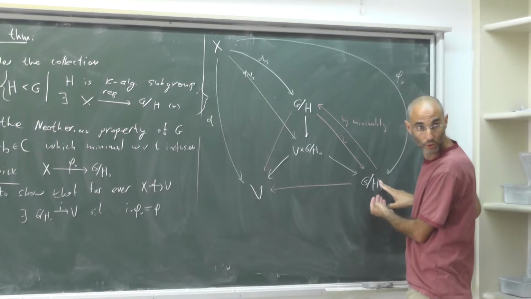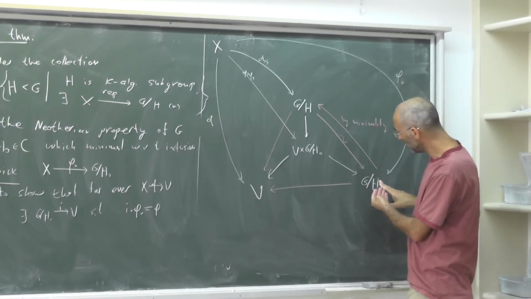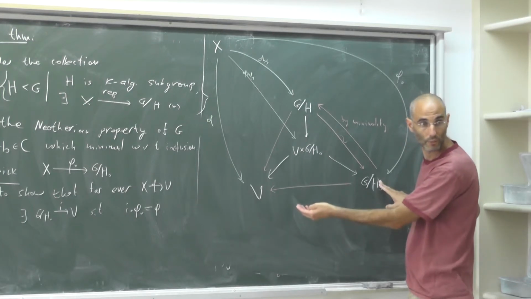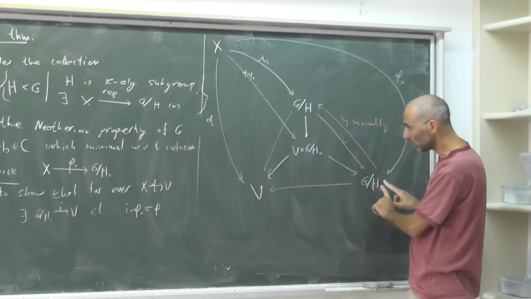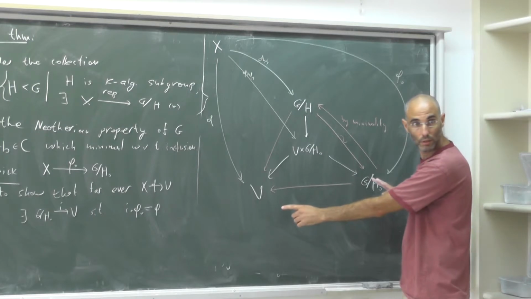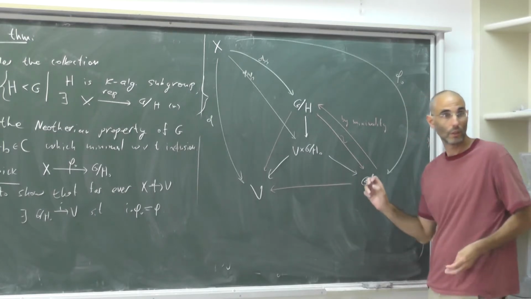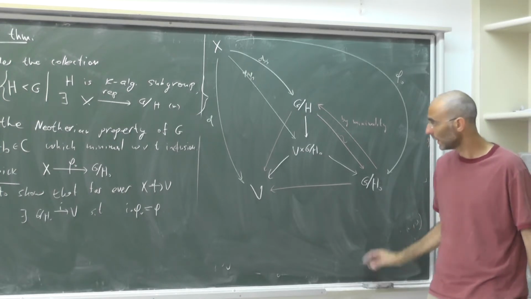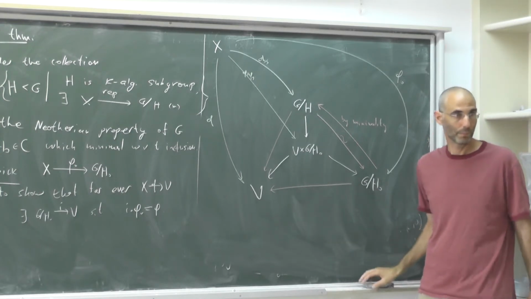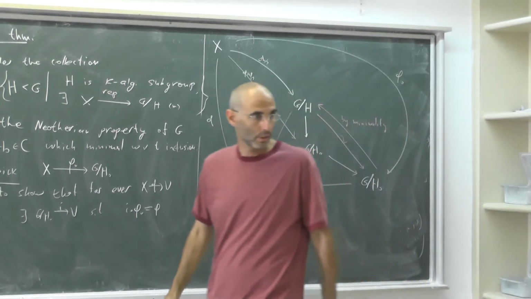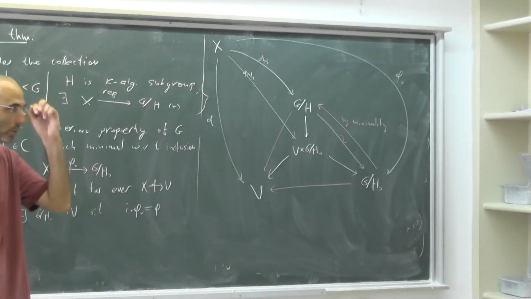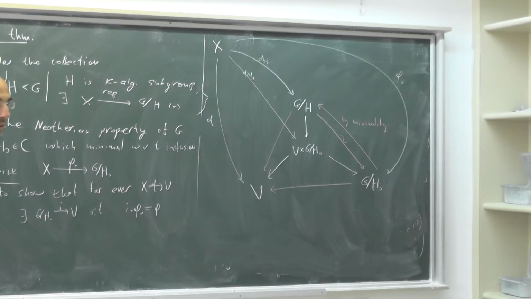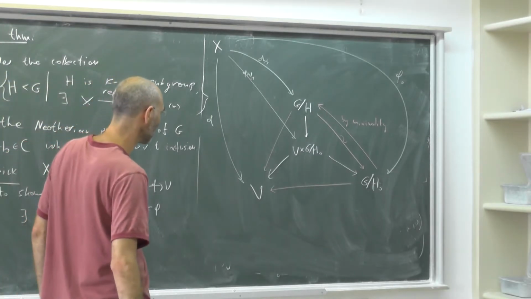But since this is a homogeneous space, by fixing one point, I know every other point here. Since this is homogeneous and this is a G-map, by fixing one point, I know every other point. So if there exists another map, it must be the same. This is because S is Zariski dense in G. No, I was not using this actually. But you only know that this map from X to V is S-equivariant.